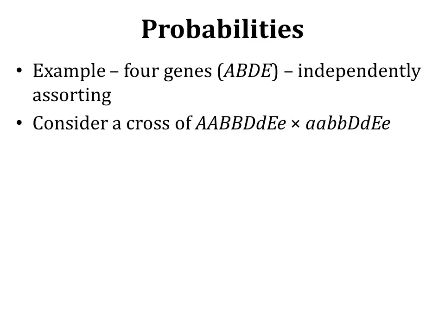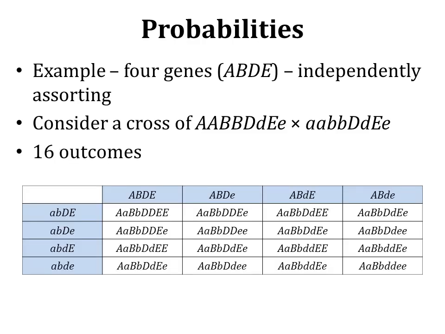And then the second person is homozygous recessive for A and B genes and heterozygous for D and E genes. So this is the cross that we are considering. We are talking about 16 outcomes. What are the outcomes? We have 16 outcomes here because there are 4 types of gametes that are produced by each individual.